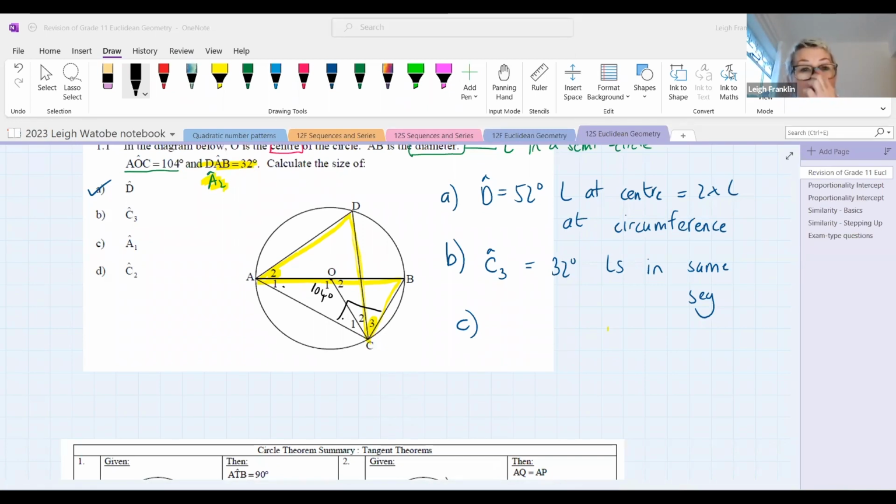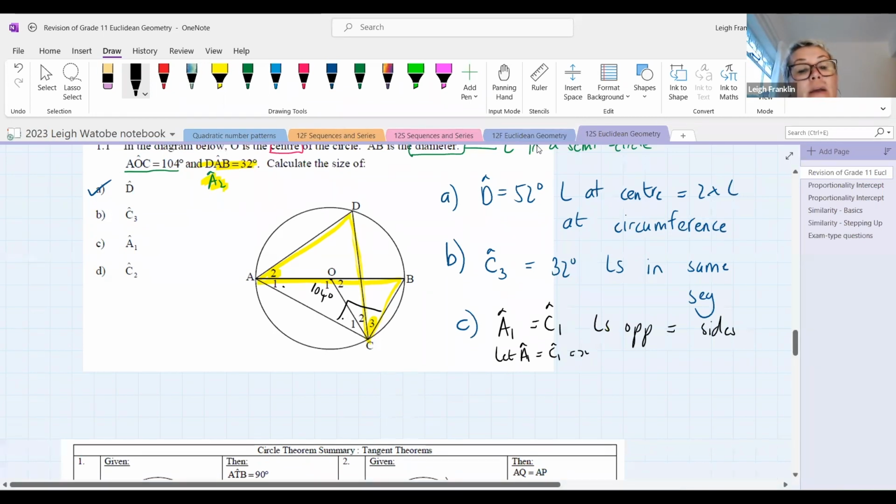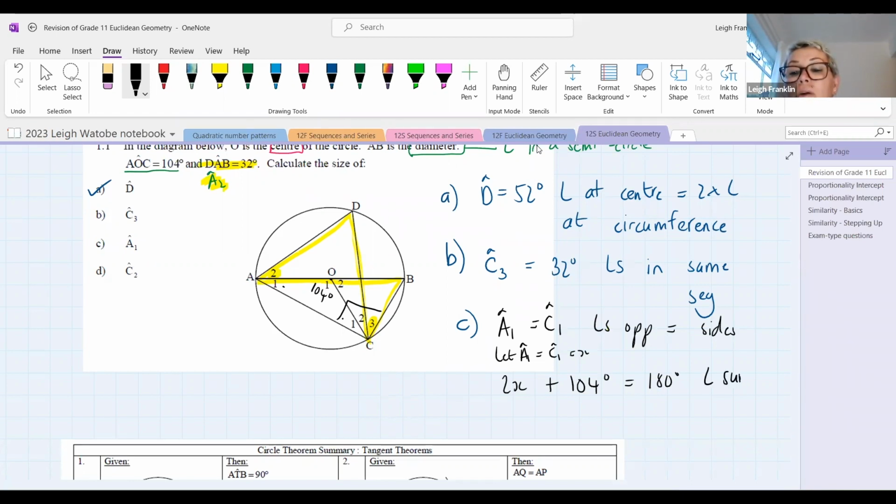I'm just going to write down what Rona is trying to say. He's pointed out that angle A1 is equal to angle C1 because OA and OC are radii, so they are angles opposite equal sides. In other words, they are equal to each other. So let A1, which is equal to C1, be equal to X. Then 2X plus 104 would be equal to 180, because of the angle sum in a triangle.